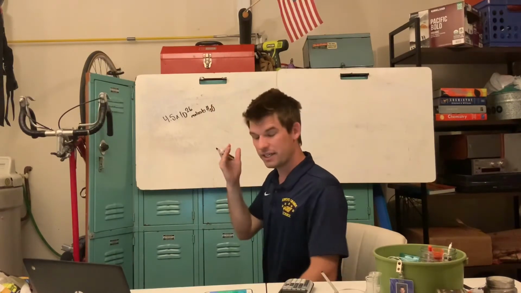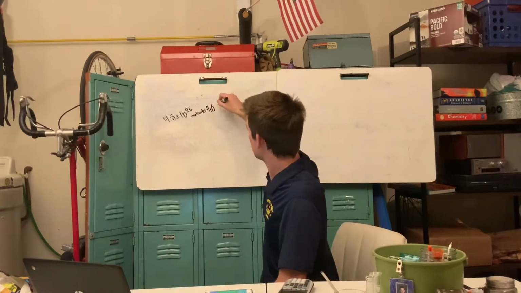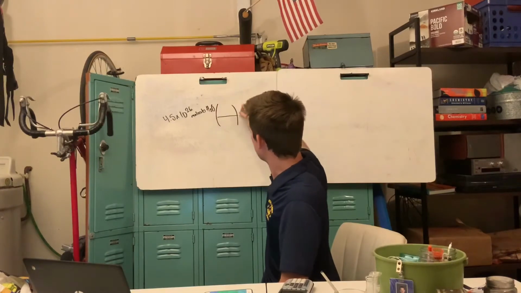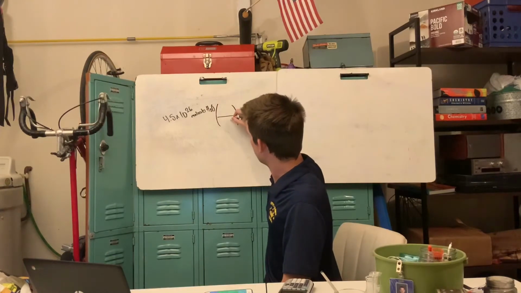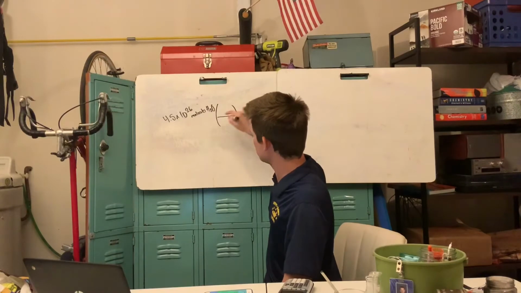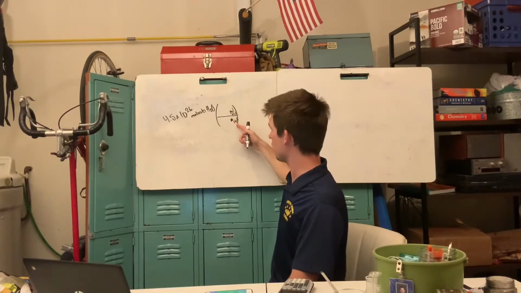Okay, and I need to convert this to moles. So what I'm going to do is multiply number of particles, right, number of molecules, to moles of water. So number of particles of water to moles of water.